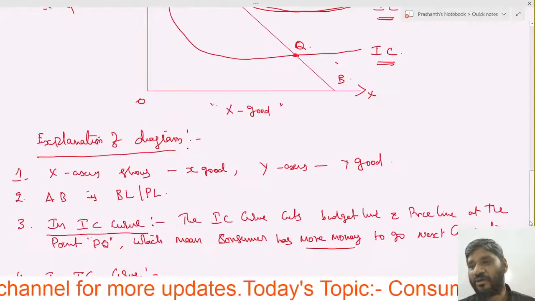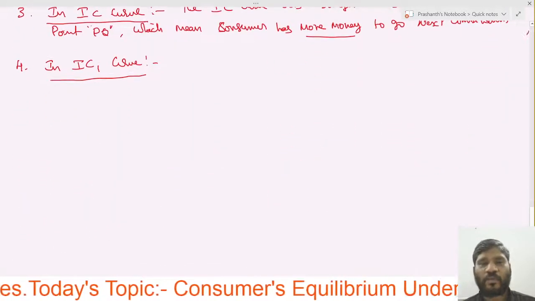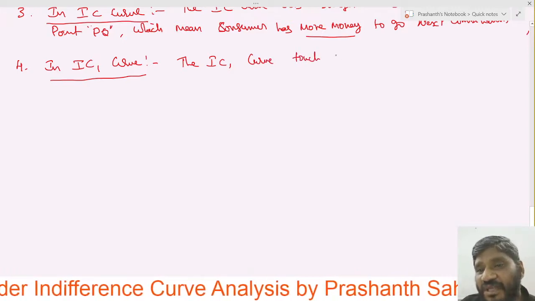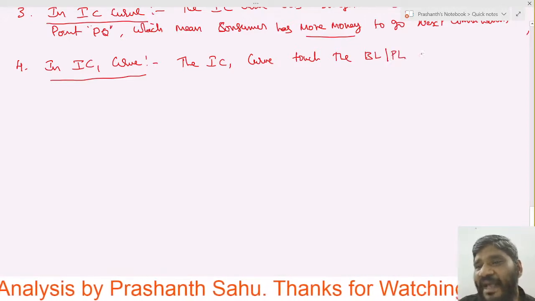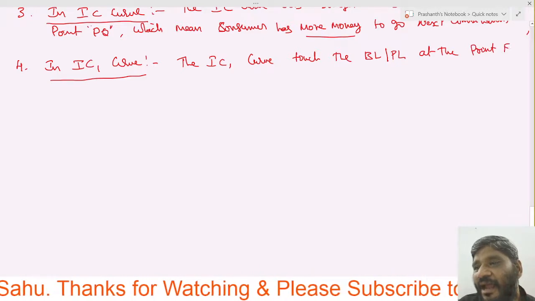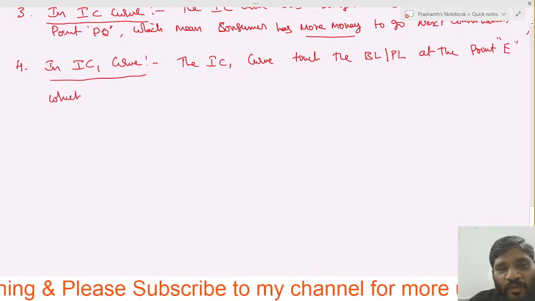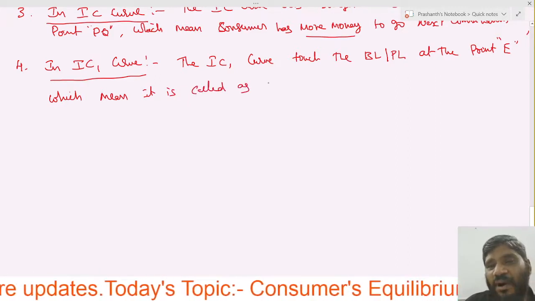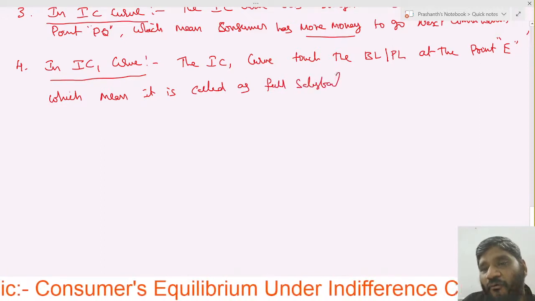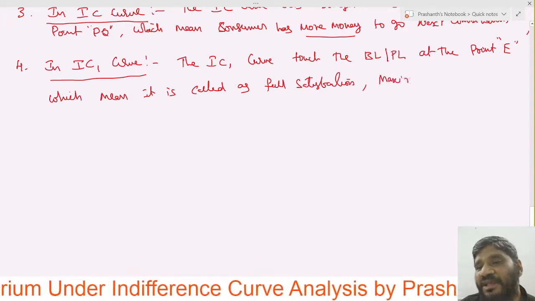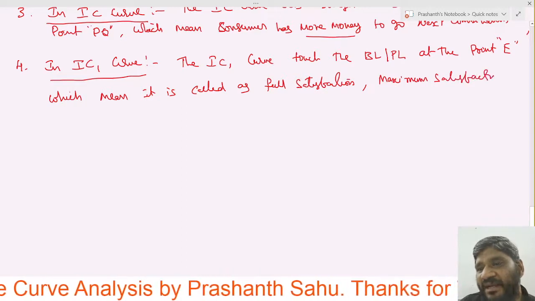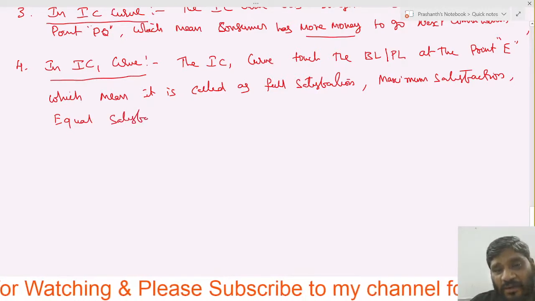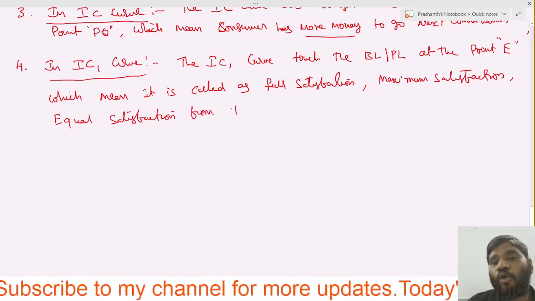What does that mean? We will see. That means the IC1 curve touches the budget line or price line at the point E, which is called full satisfaction, or maximum satisfaction, or we also call it equal satisfaction from two goods.